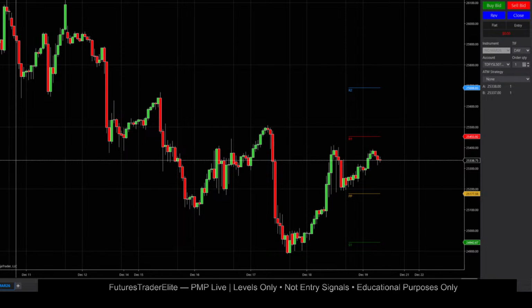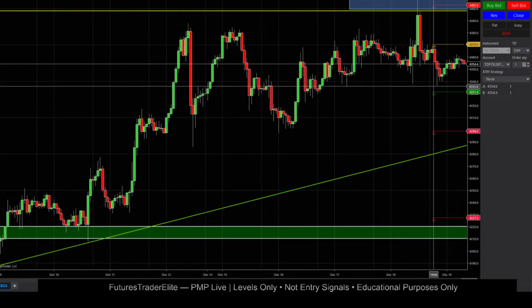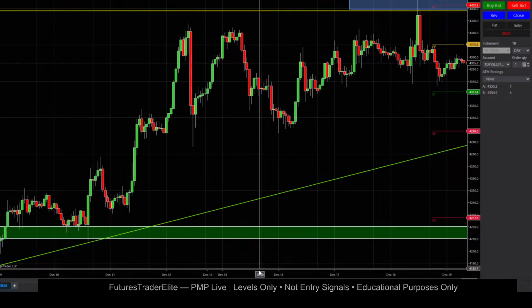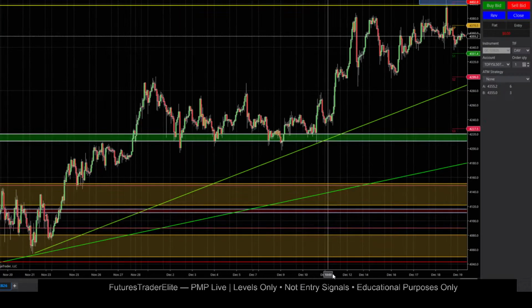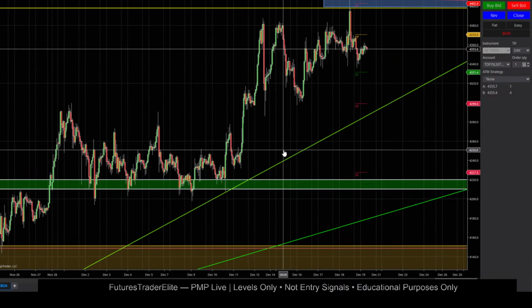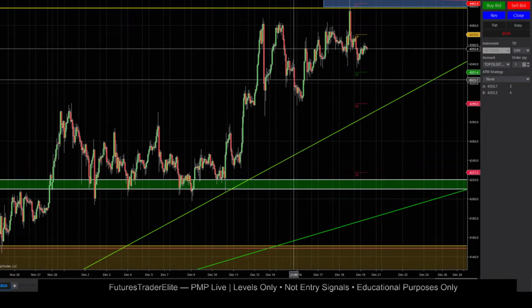Let's look at this gold chart. Give it a second to load here. Okay, this is on the 1 hour, and we got a 4 hour green trend line down here. We got a 1 hour here.